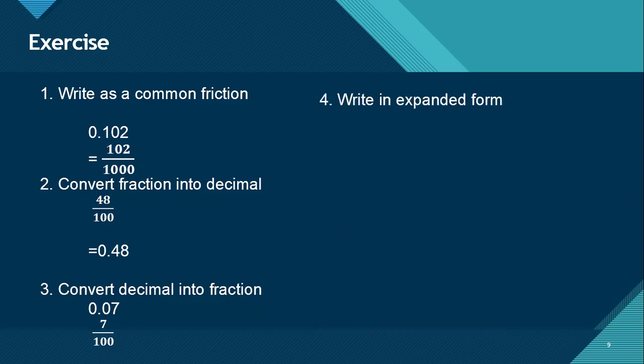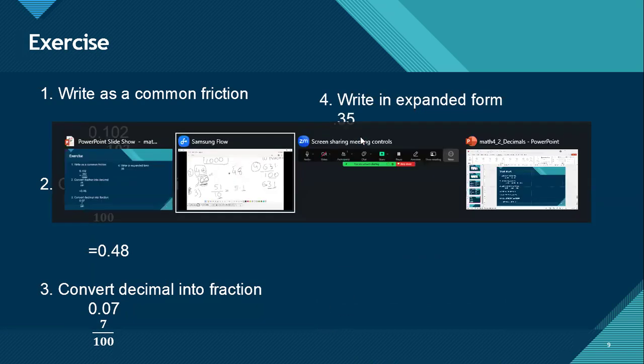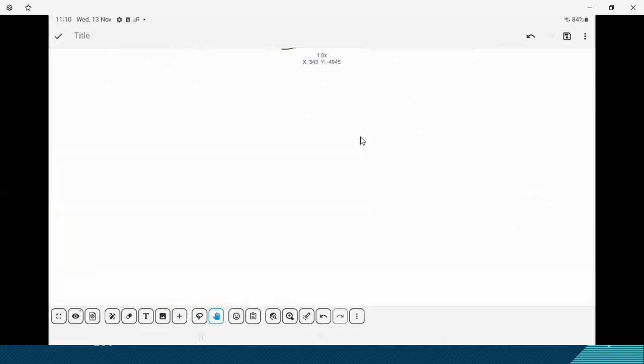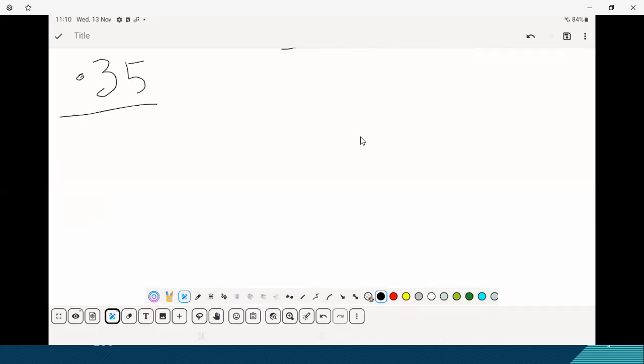Next problem. Write the expanded form of 0.35. How will we write the expanded form of this? Simply see on the whiteboard, there is 0.35. The 3 is in the position of tenths, so that will be 3 multiplied by 1 by 10, and plus, this 5 is in the position of hundredths, so plus 5 by 100, or 5 into 1 by 100.